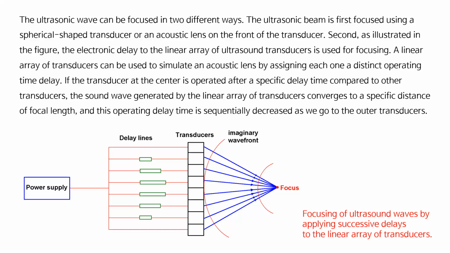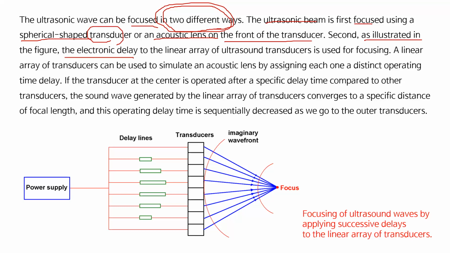The ultrasonic wave can be focused in two different ways. The ultrasonic beam is first focused using a spherical shaped transducer or an acoustic lens in front of the transducer. Second, as illustrated in the figure below, the electronic delay to the linear array of ultrasound transducers is used for focusing.